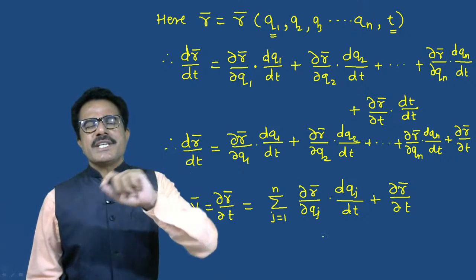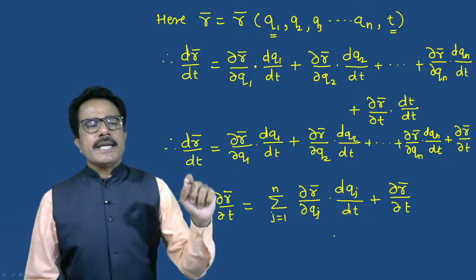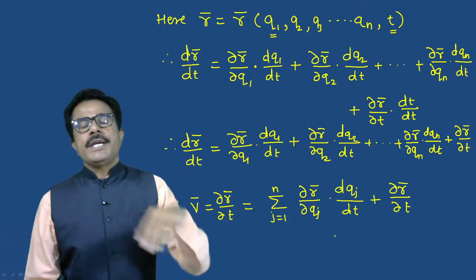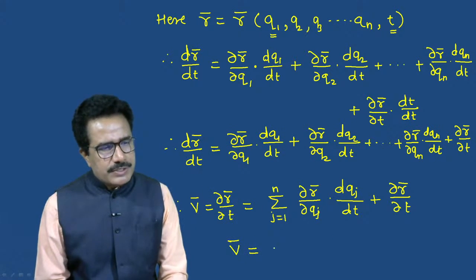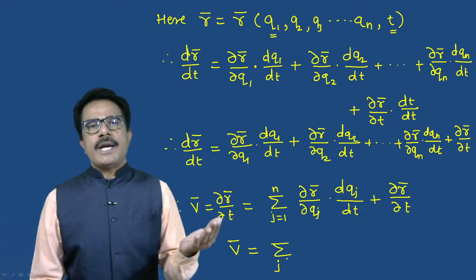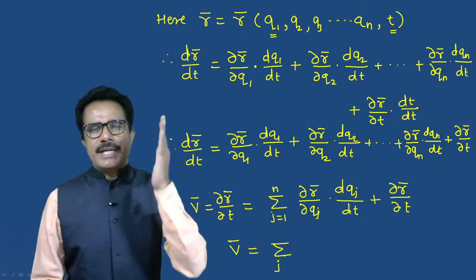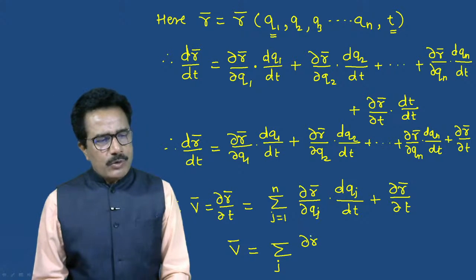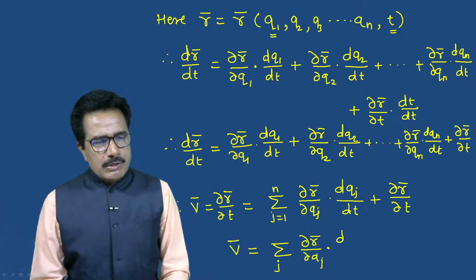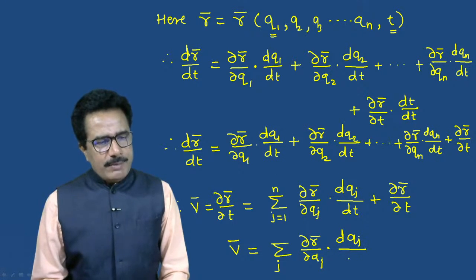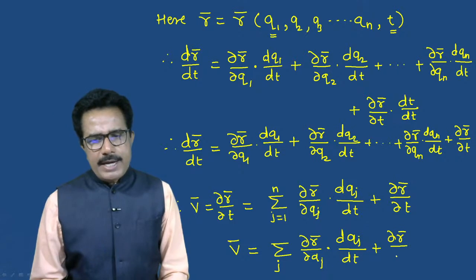Generally in this case we have considered the particles from 1, 2, 3 up to n. So this can be shortly written as v bar equal to summation over j. It is not necessary to write j equal to 1 to n because that is fixed. So we can write dou r bar by dou qj, where j means 1, 2, 3, 4, into dqj divided by dt, plus dou r bar by dou t.